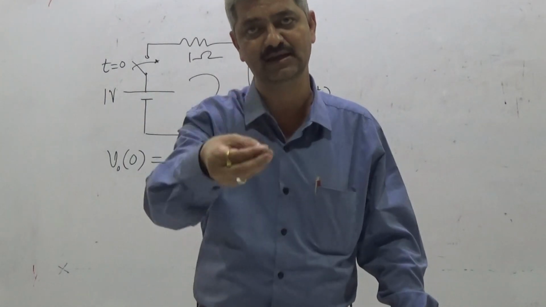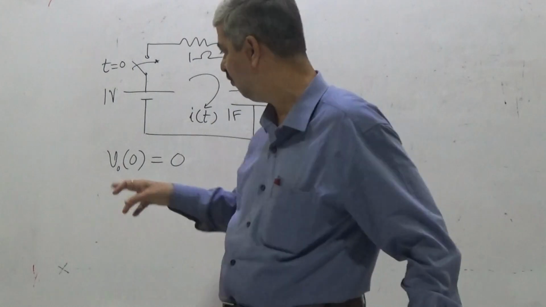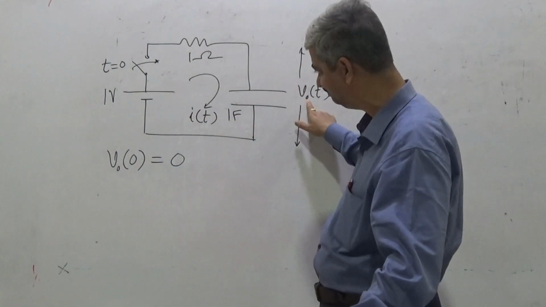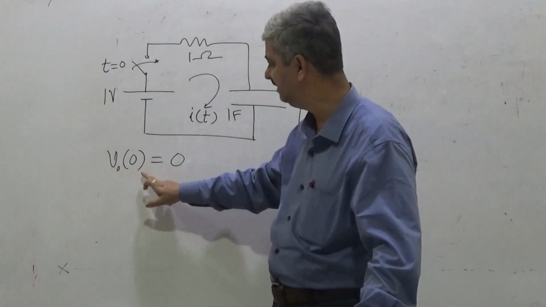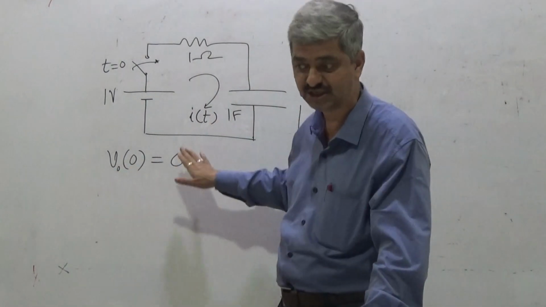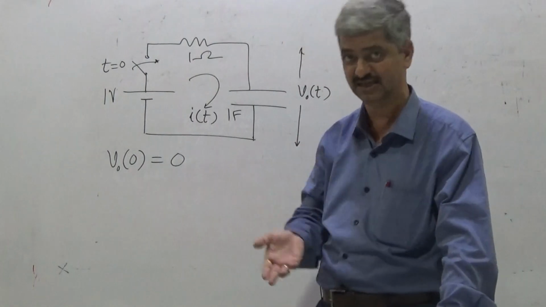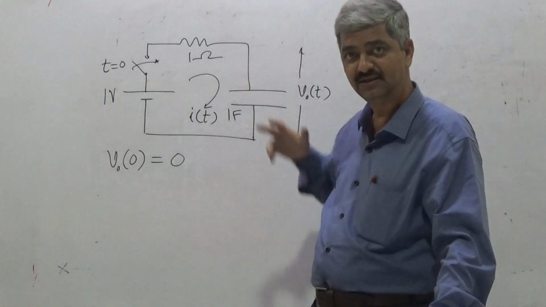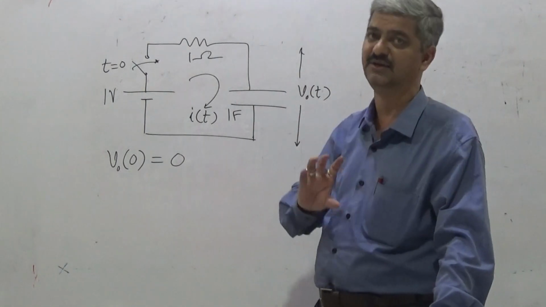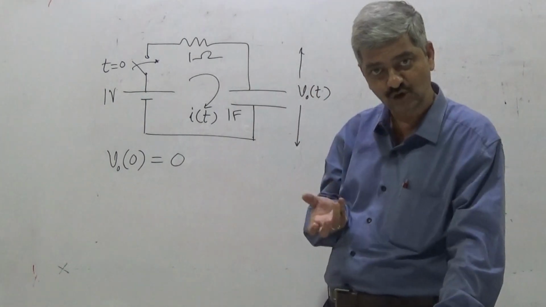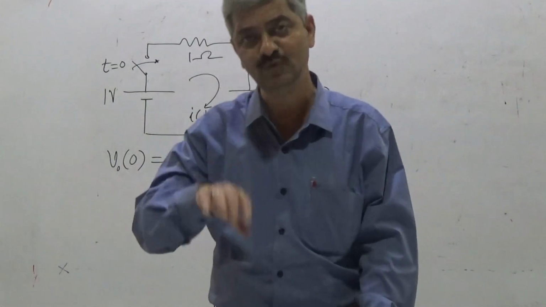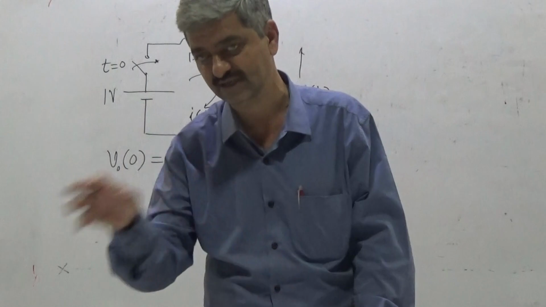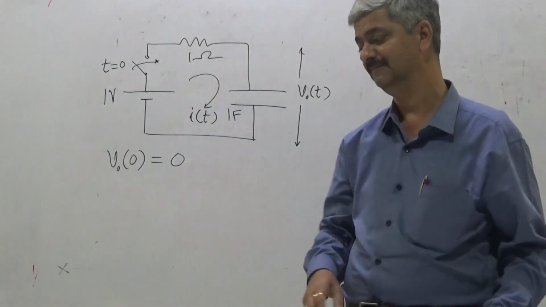That is V0. I have put voltage across the capacitor as V0. So V0(0) is equal to 0 if the capacitor is discharged. If the capacitor is not discharged but has some other value, the solution of the differential equation would be different. There will be a common differential equation but the solution will be different, because the solution of a differential equation depends on the initial state. So we now write the differential equation.